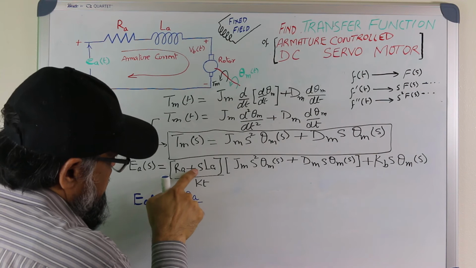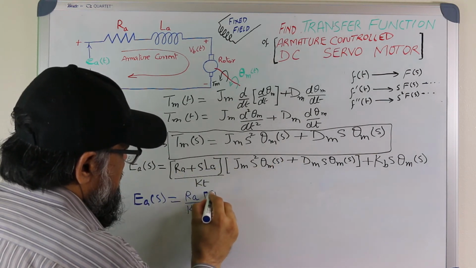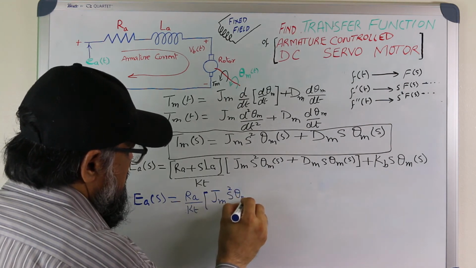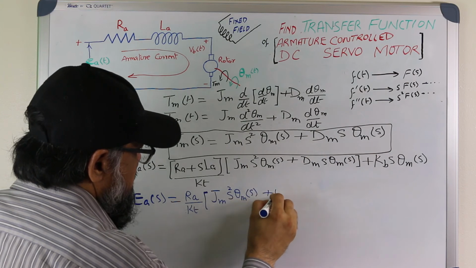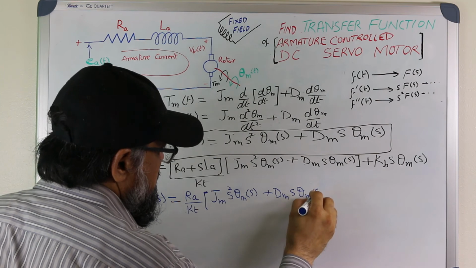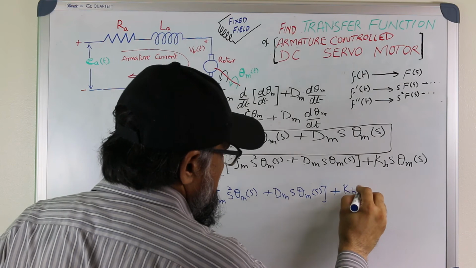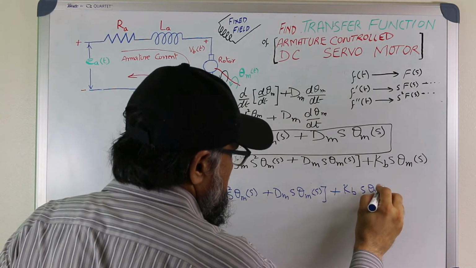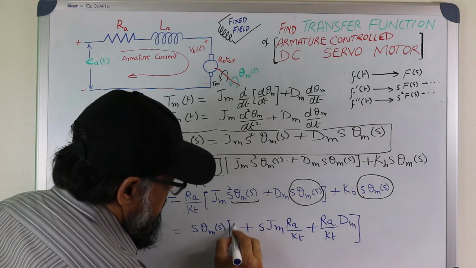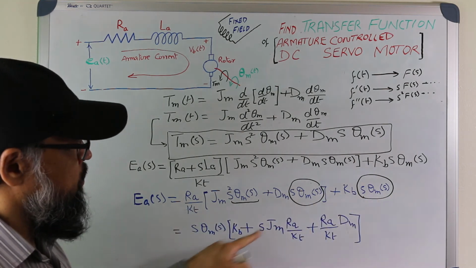So first I multiply only this RA with these two terms. So I get Jm S square theta ms plus dm s theta ms plus kb s theta ms. This should be kb, because when I take this thing common, kb will be inside.